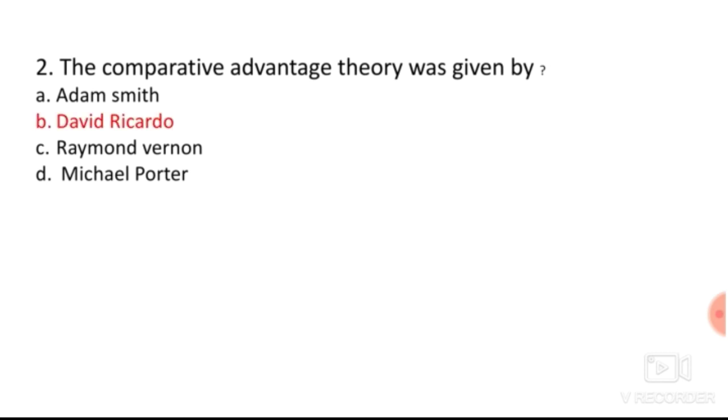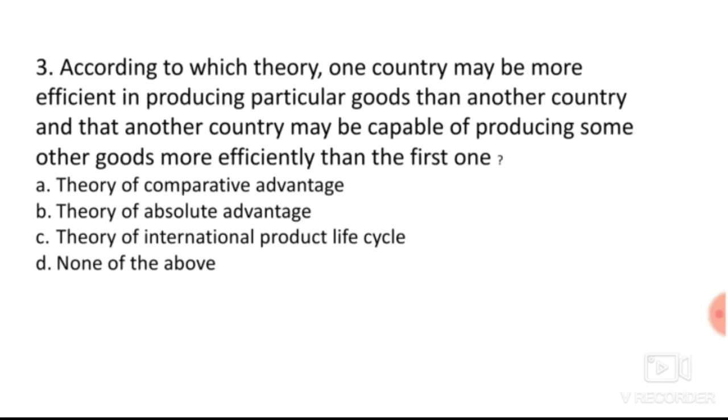Moving on, next question. According to which theory, one country may be more efficient in producing particular goods than another country, and that another country may be capable of producing some other goods more efficiently than the first one?